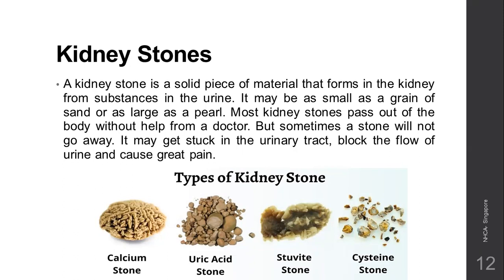Okay, these are the external factors that will determine whether the stone will be as small as sand, or it can accumulate in your nephrons and be a big stone which cannot be passed by urine. It has to be shredded using shock wave technology, or it may have to be removed surgically.